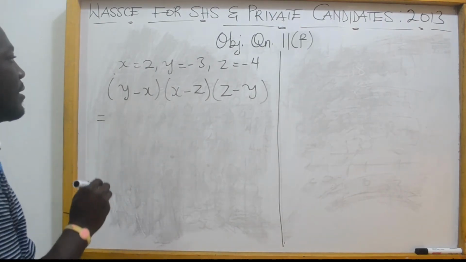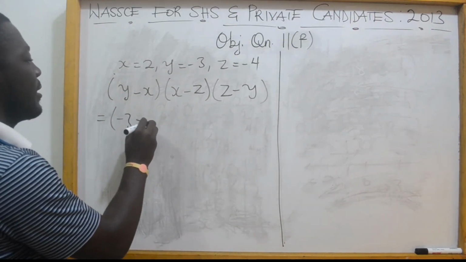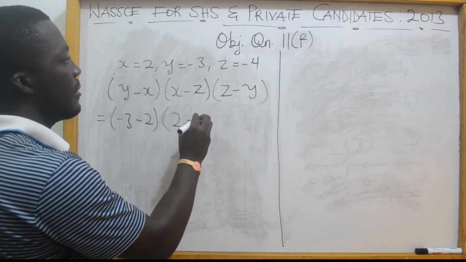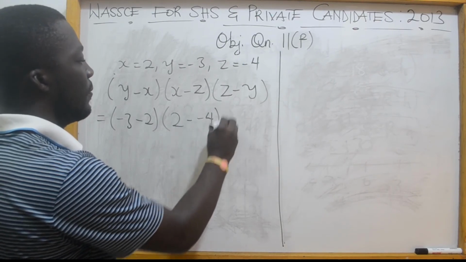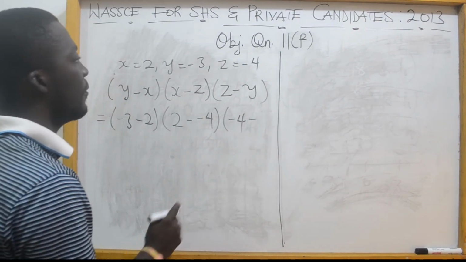We are going to do a substitution. The value for y is -3, minus x is 2. The value for x is 2, minus z is -4. So z is -4, minus the value for y, which is -3.